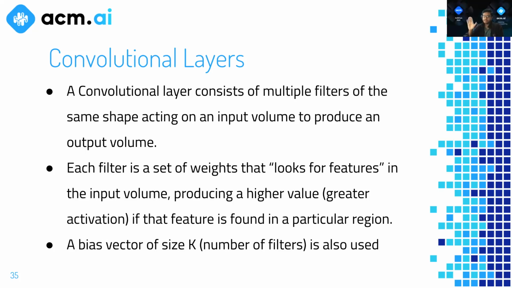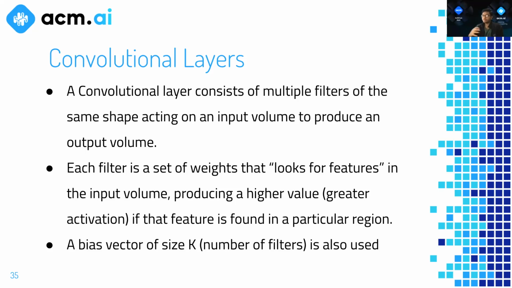When the filter comes across a part of the image that contains that diagonal edge, you'll get a much larger activation for that particular portion of the image, and that's where you get a much higher value, essentially telling the model that this picture contains this particular edge and this particular feature.